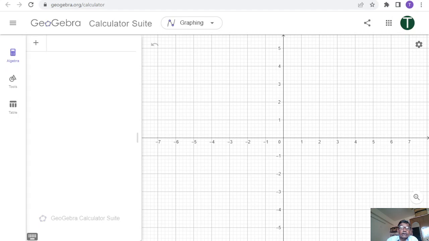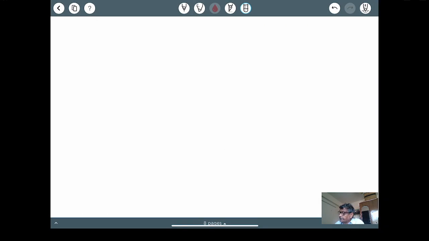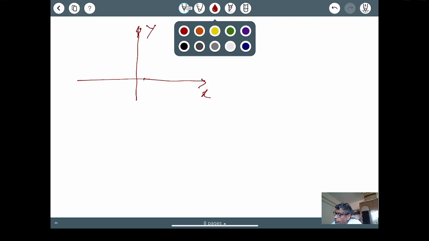To explain what I'm going to do, suppose you have x and y axes. This is the x-axis and this is the y-axis, and suppose you have two curves.